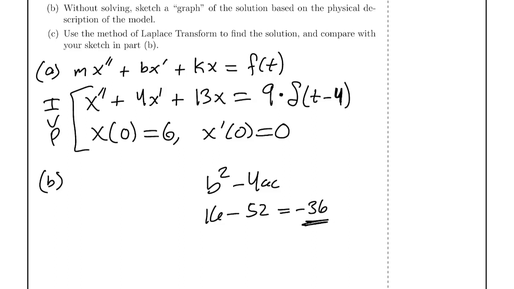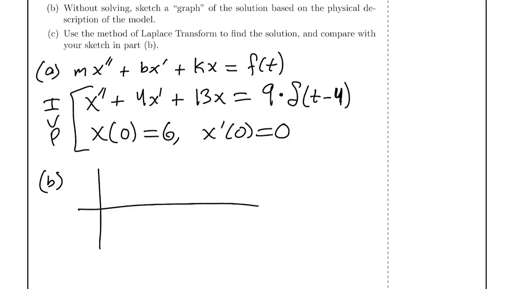So that's going to be a negative number, so that means we're underdamped. If we're underdamped, when we graph that, starting from position 6 at rest, we should expect the solution to decay down like so, some sort of decaying oscillation.